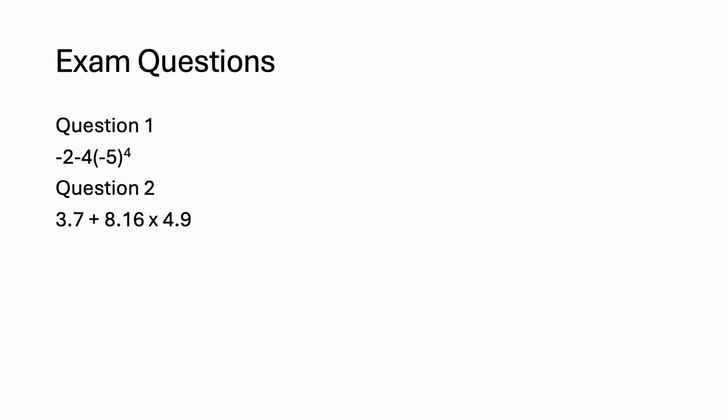Okay, let's look at these two questions here. Question 1, we have -2 - 4 brackets -5 to the power of 4. So using our BIDMAS, B stands for brackets, so we have to do the brackets first.